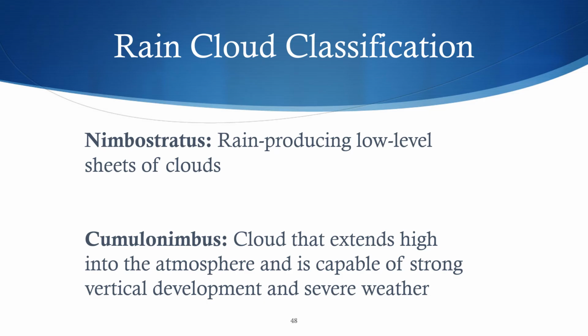The other one is cumulonimbus. These are when you start to get real big storm clouds going on. These are our poofy clouds with rain in them, hence the nimbus at the end, cumulonimbus.